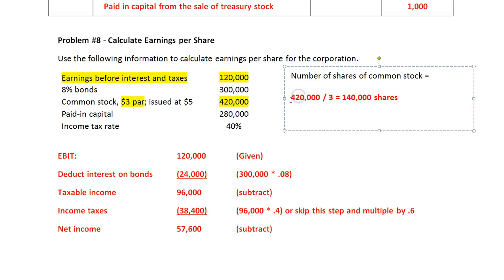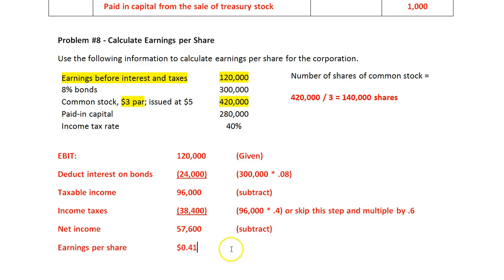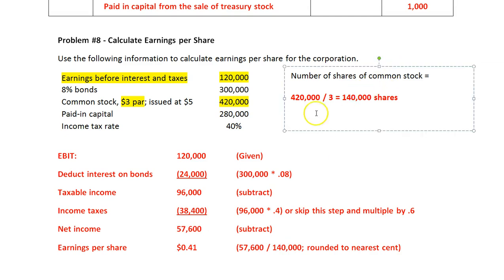So 420,000, the total amount in common stock, divided by the $3 par equals 140,000 shares. So you get earnings per share of 41 cents, and that's the answer. You can round this to the nearest penny. It's just the net income divided by the number of shares that we calculated here.